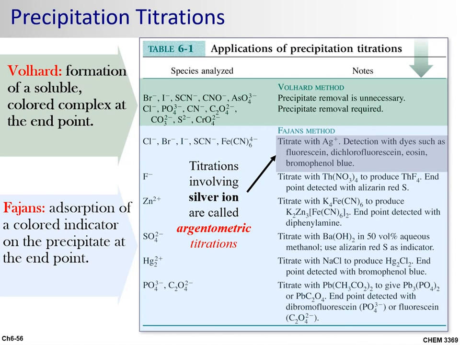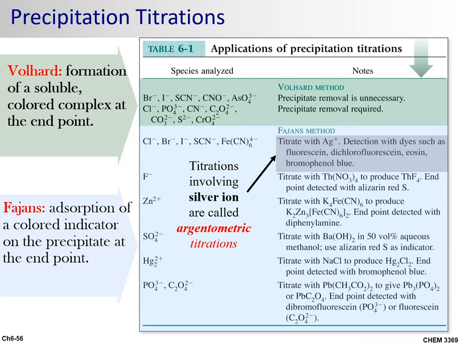Now in the Fajans titration, the removal of the precipitate is not necessary because most of the time it's a direct titration. It was developed by a Polish scientist, Kazimierz Fajans. The typical indicator in this titration is dichlorofluorescein.